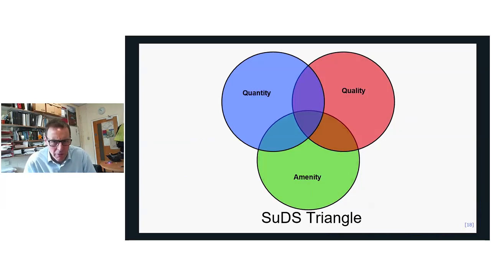So a really simplistic way of looking at what we've been doing in the course so far is that you can argue that combined systems were focused on quantity, so basically reducing flood risk, but weren't too interested in water quality. But because of the problems with CSOs, etc., which I'm sure you remember, we moved to separate systems which took into account water quality discharges from networks. And so we had separate foul and surface water runoff systems, and that was about protecting water quality.